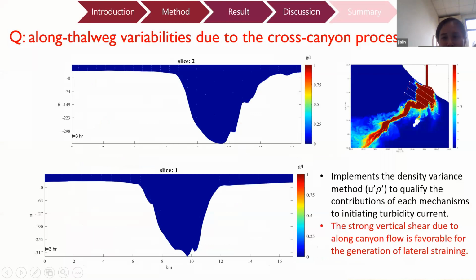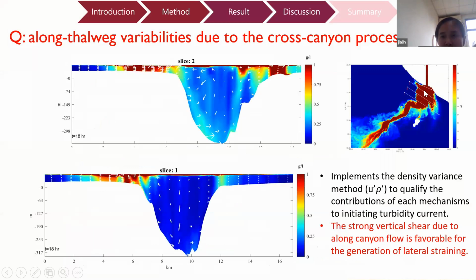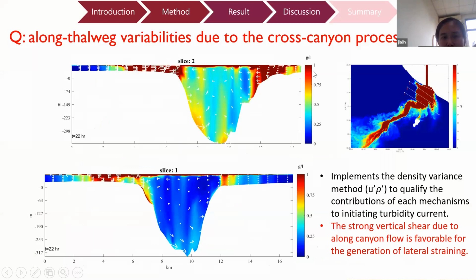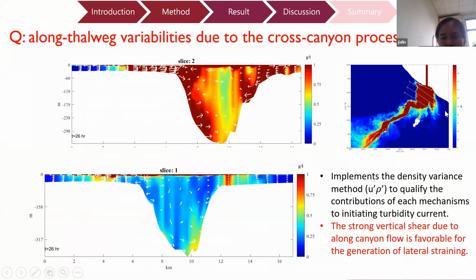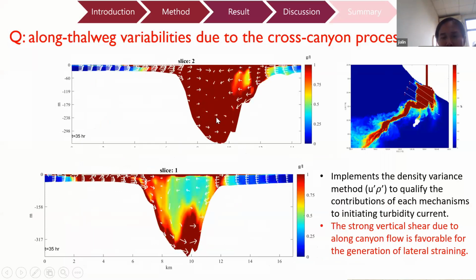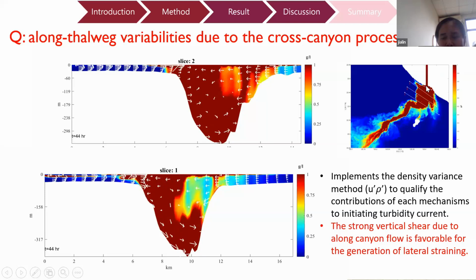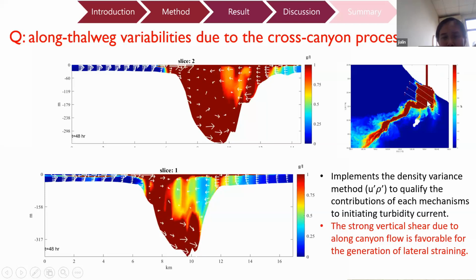So in this figure, I want to further show you the three-dimensional effect at the head of a canyon. If we draw the cross-section at the head of the submarine canyon, it's the location where the river sediment is just coming out onto the continental shelf.